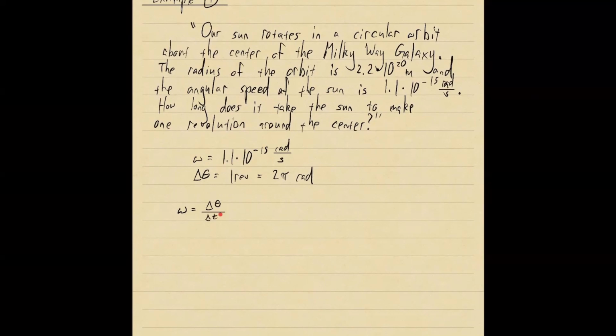If I multiply both sides by delta t and divide both sides by our angular velocity, we get that the elapsed time, the time it takes to go around the Milky Way galaxy once, is 2 pi radians divided by omega, which is 1.1 times 10 to the negative 15 radians per second.